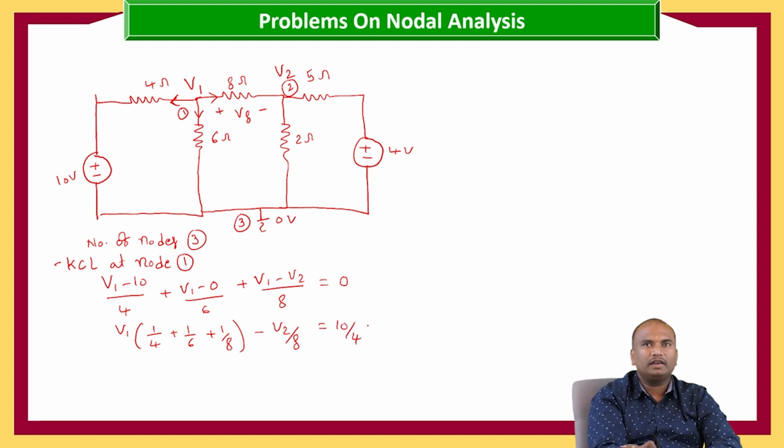This is our equation number 1, KCL at node 1.